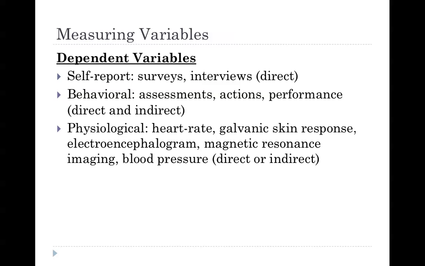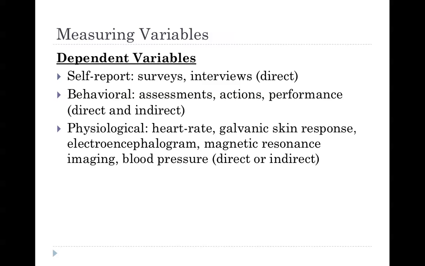So if you ever come across a Likert scale, an interval scale of measurement, it's going to be a self-report, and thus a direct measurement. So anytime you come across a self-report survey or a self-report interview, it's a direct measurement of the construct.